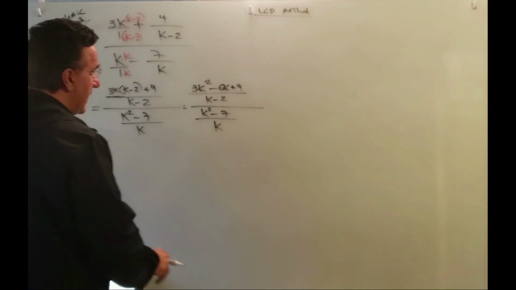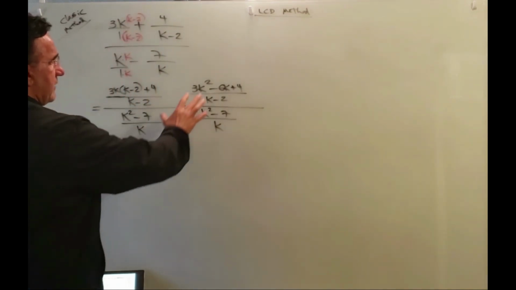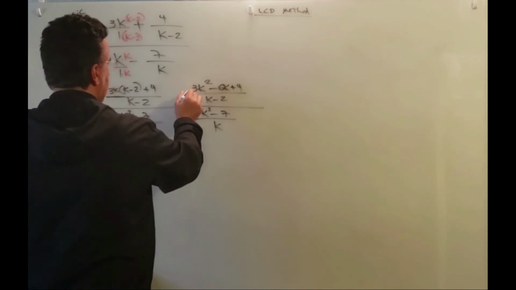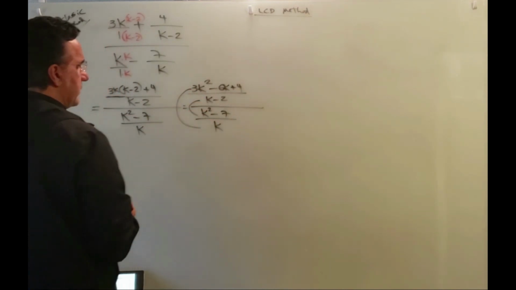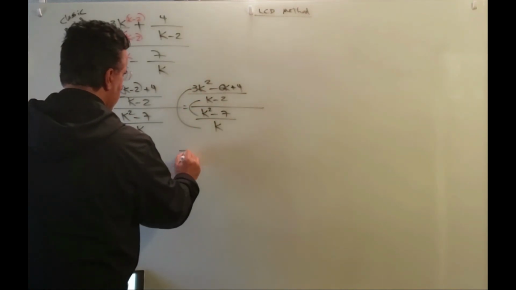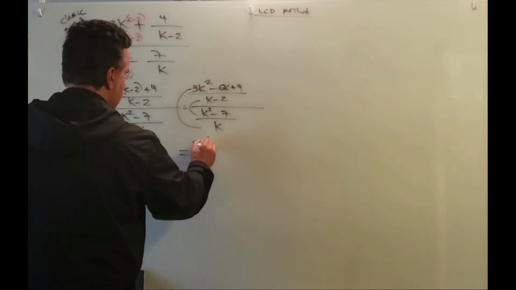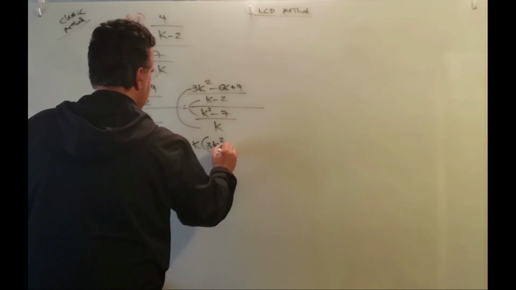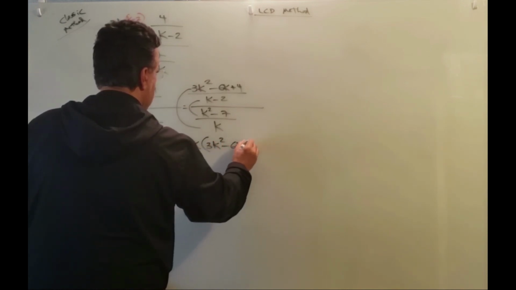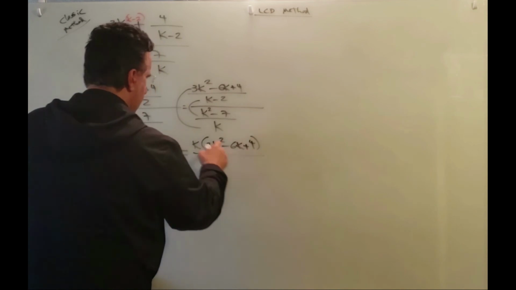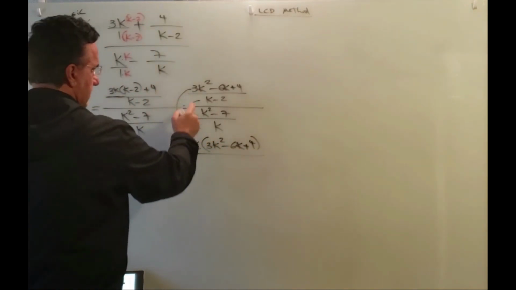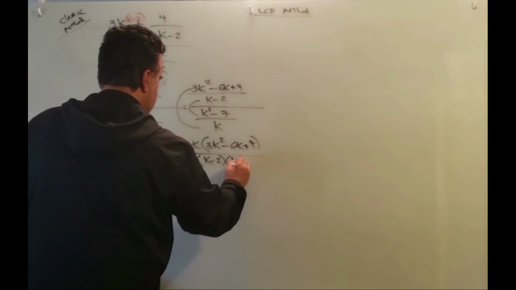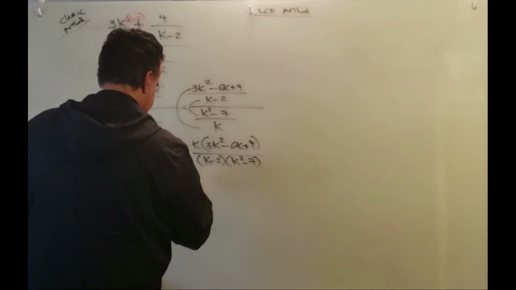Okay, so now we notice that we now have one fraction over one fraction, so we can go ahead and do the outer product over inner product trick. We end up with, let me write the k first, k times all that, and down here we end up with k minus 2 times k squared minus 7.